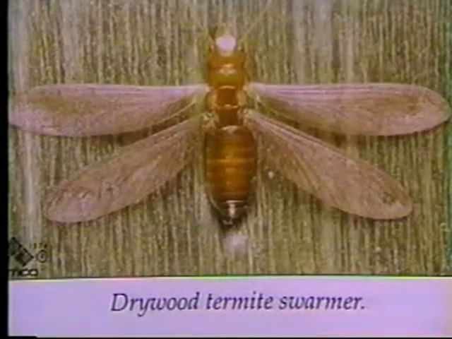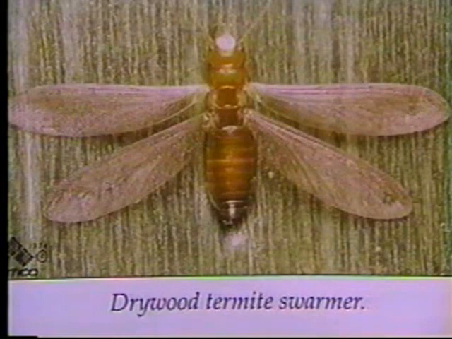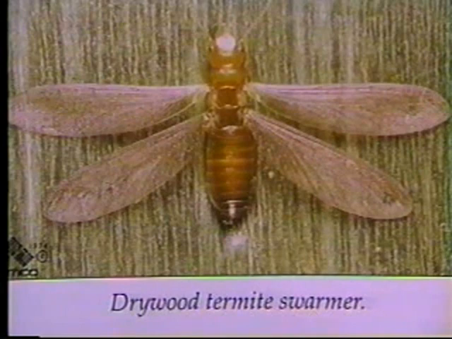And then we have a winged drywood swarmer that we want to take a look at so you understand the swarmer. They have 3 stages of growth: the eggs, the nymphs, and adults. Drywood termites are generally larger than most of the commonly seen subterranean species.